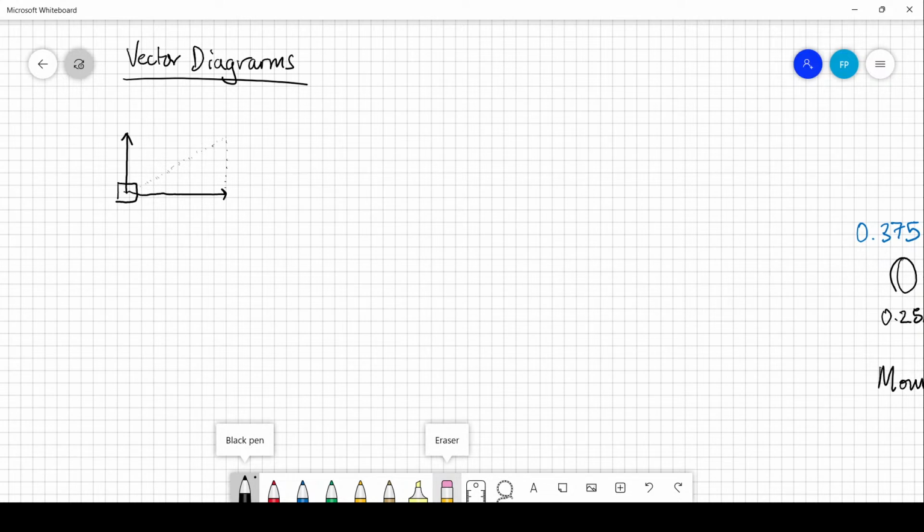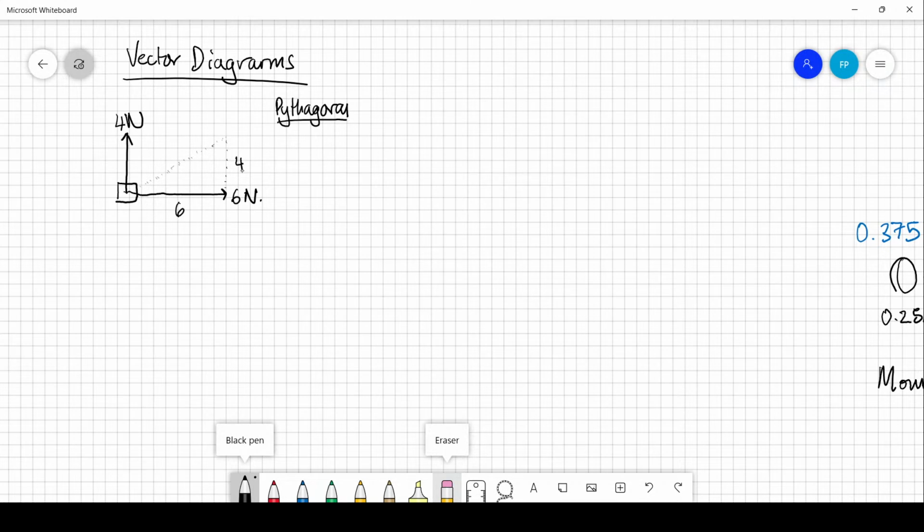So let's say this upward force is 4 newtons, and this rightward force is going to be 6 newtons. Now we've got a triangle here, we can actually do some maths. And we can, let's say, use Pythagoras, or another method which I'll explain in a bit.